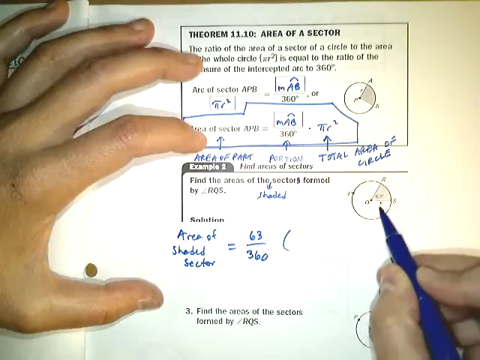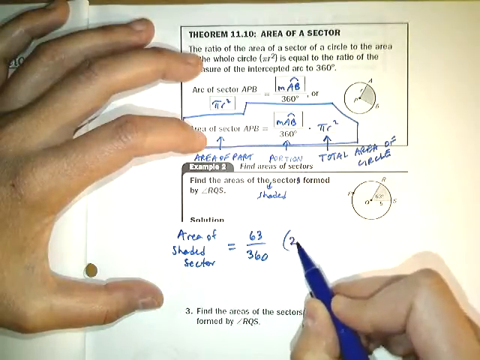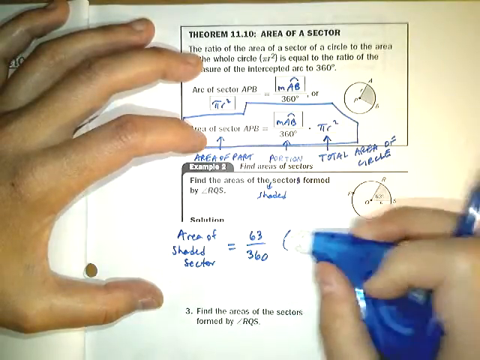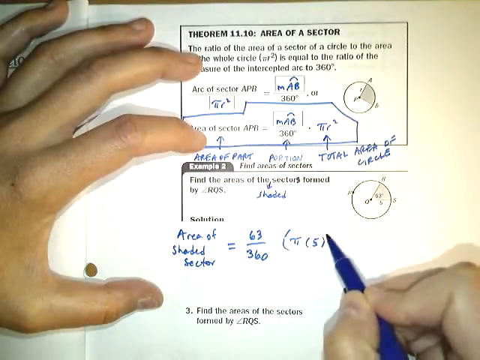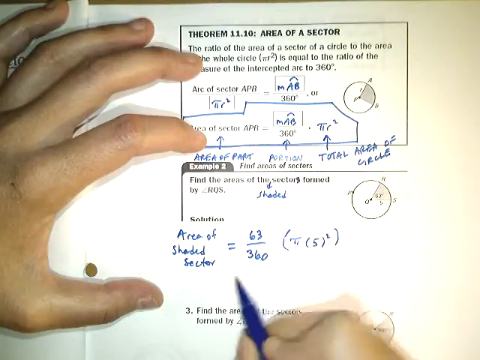The radius is 5, as you can see here it's marked as 5. So I would say pi r squared, so it'll be pi times the radius squared. Don't forget to square this first.